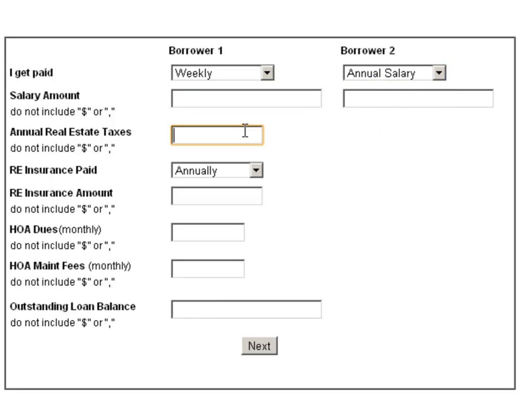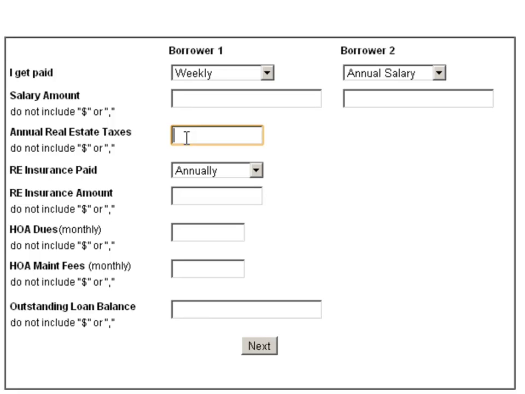Okay, next is the real estate taxes, real estate insurance, homeowner dues, and homeowner association maintenance fees. Now, the reason why you want to include these is because they actually reduce the amount of money that you can actually afford to pay the bank. Remember, your target payment is 31% of your gross income.